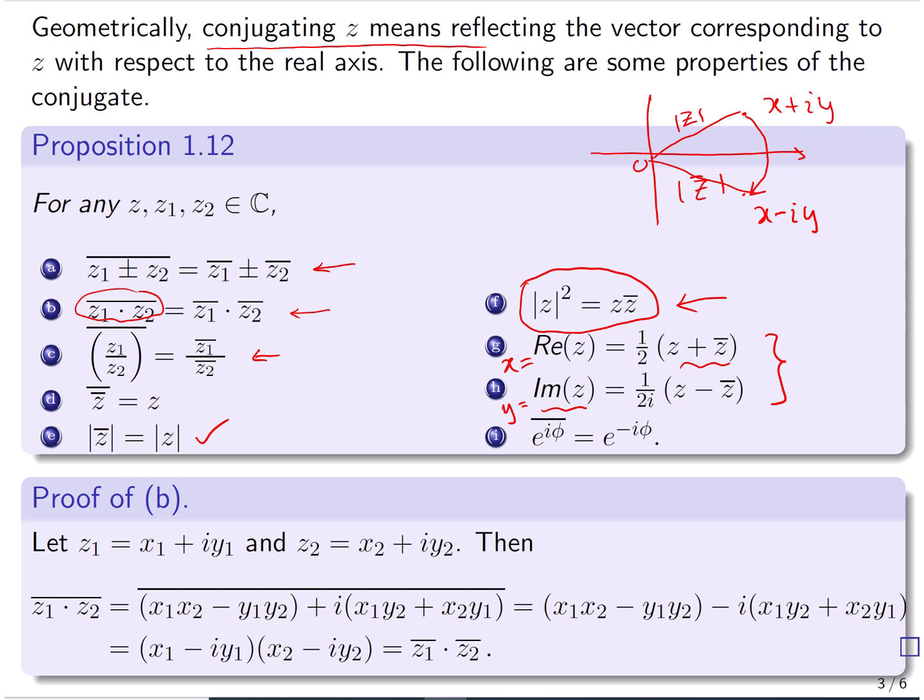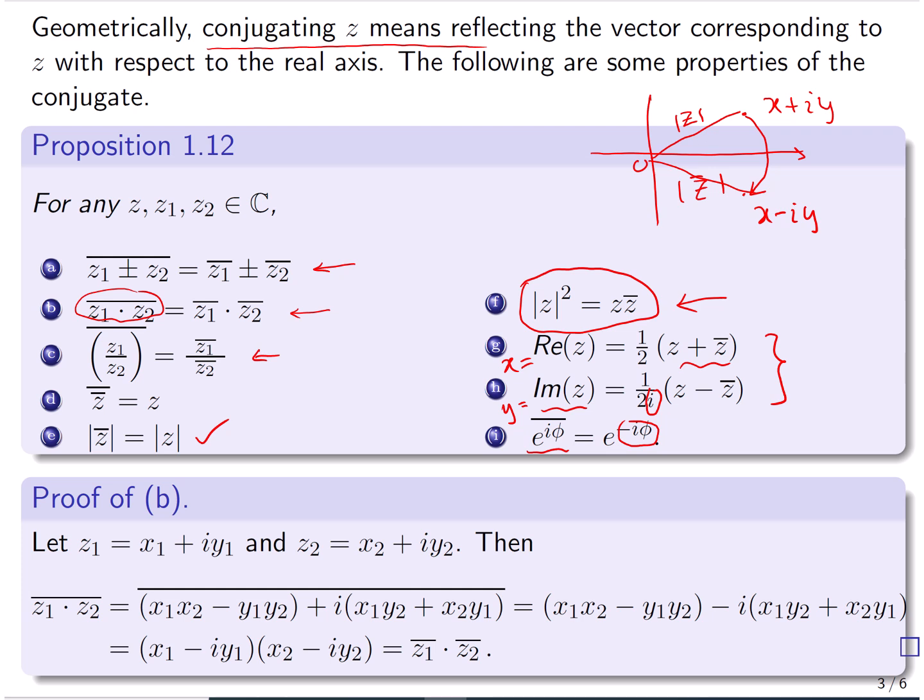But you see that when you do that, you get an i term, so you have to divide by i to cancel that and isolate y. And also, if you take the conjugate of e to the i phi, you simply change the sign of the angle. It's also clear from the figure. So you negate the angle.